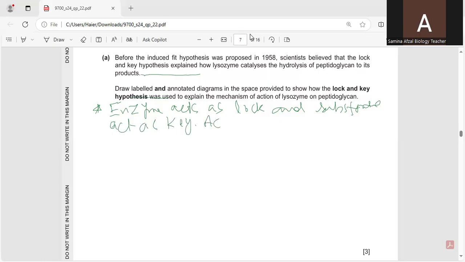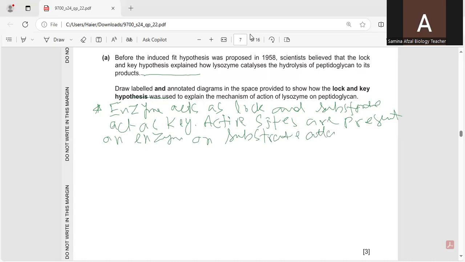Active sites are present on the enzyme, on which the substrate attaches itself, forming the enzyme substrate complex.